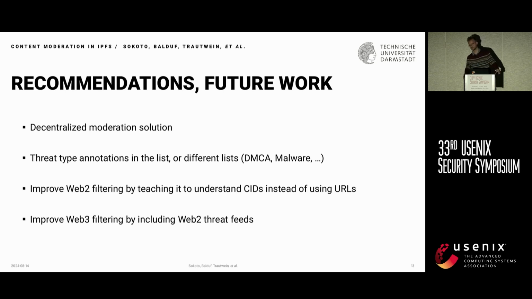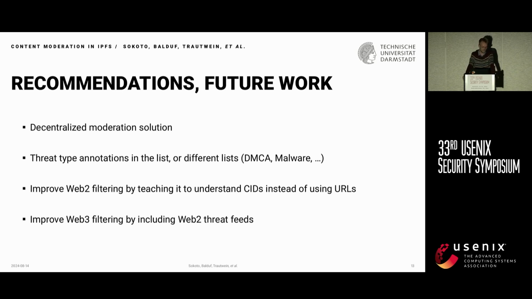All right, so we have some more stuff in the paper, but for now, general recommendations, things that we found and future work that would be nice looking into. It would be nice to have a decentralized moderation solution, because right now the bad bits list is centrally maintained, and even though Protocol Labs is doing a good job, it would be nice to have it decentralized in the spirit of a decentralized network.